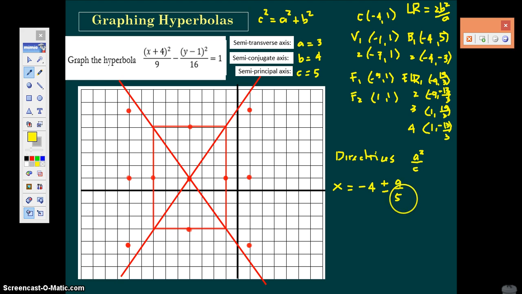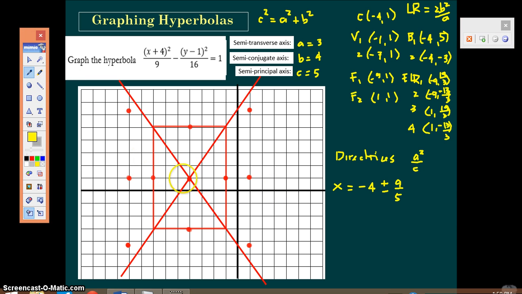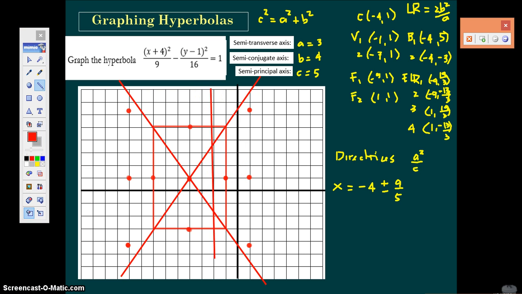Now, we can simplify this, but just leave it as is. Negative 4 plus 9 over 5 would be negative 20 over 5 plus 9 over 5, or negative 11 over 5. And that's negative 2 and 1/5. This would be the first directrix.